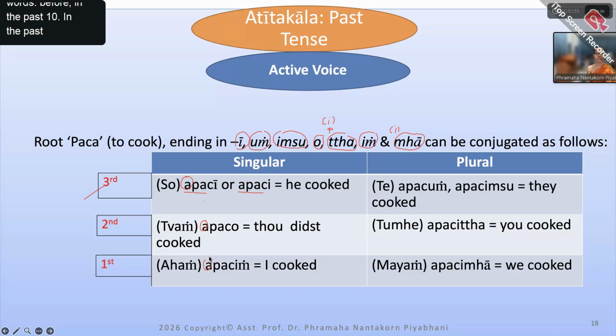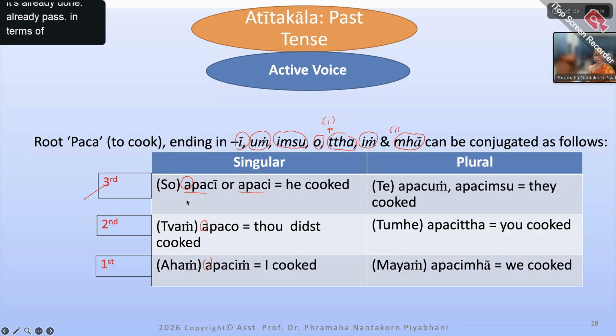In the past tense, or atita kala, always drop it before the complete verbs, also to show the past tense. This also shows the meaning of the past tense, or the atita kala. That means already done, already passed.